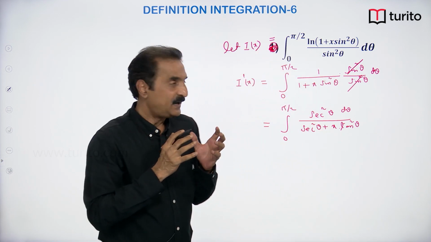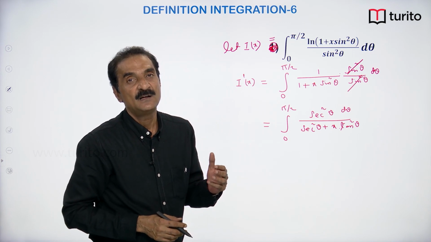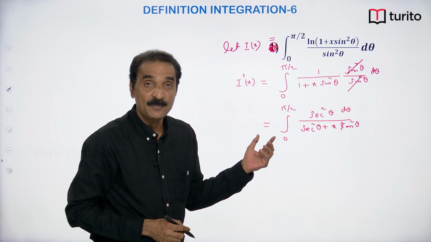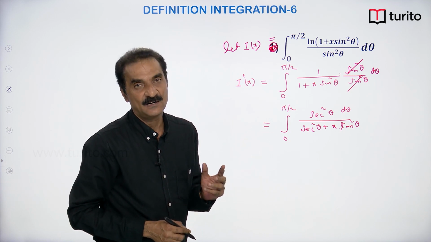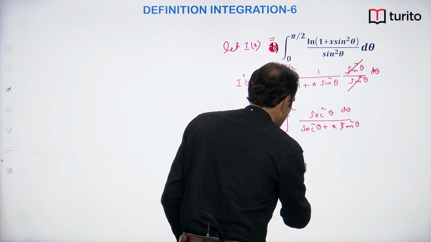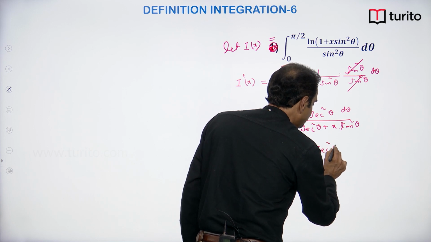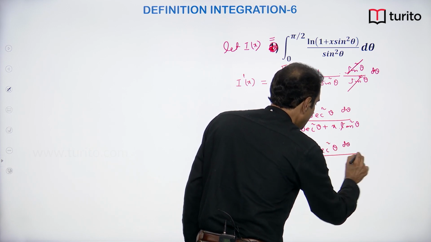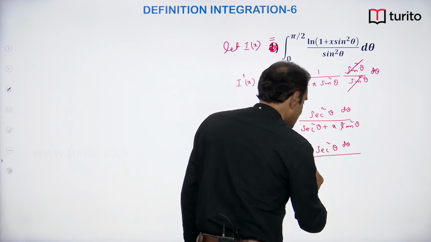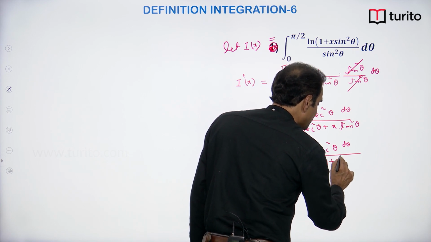And what is our idea? Since secant square theta is the derivative of tan theta, we are going to substitute tan theta equal to t. So we have to write the denominator completely in terms of tan theta. Integral 0 to pi by 2 secant square theta d theta by, writing secant square theta as 1 plus tan square theta, it becomes 1 plus, remaining 1 plus x into tan square theta.